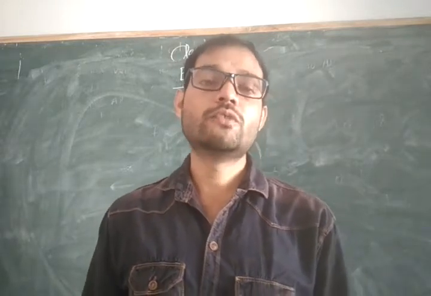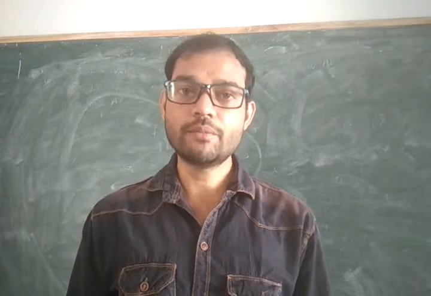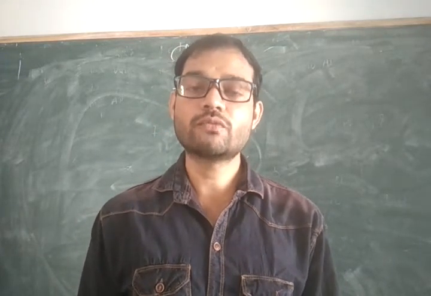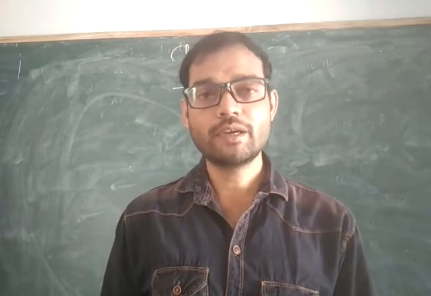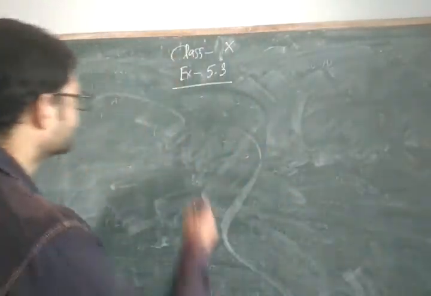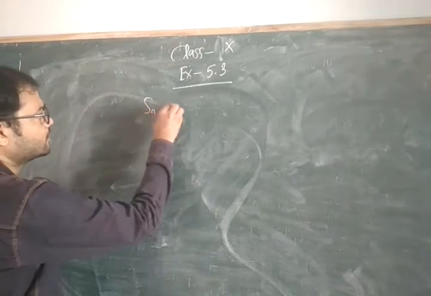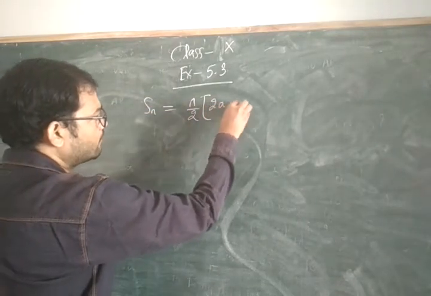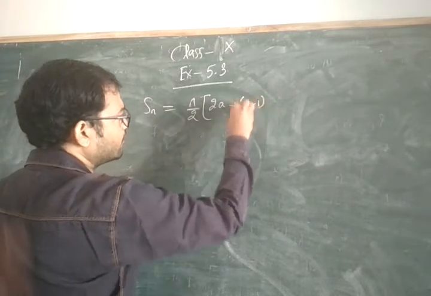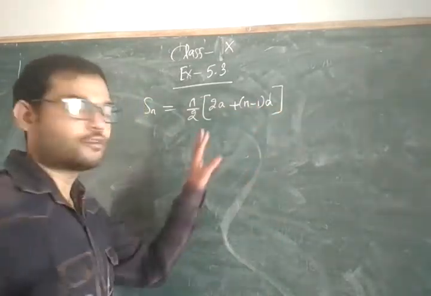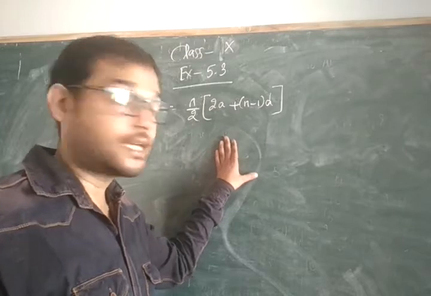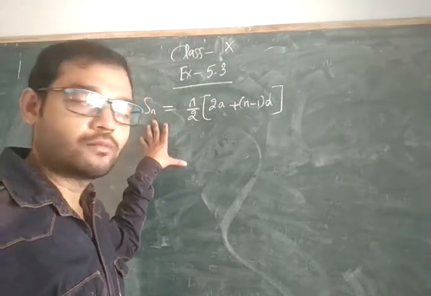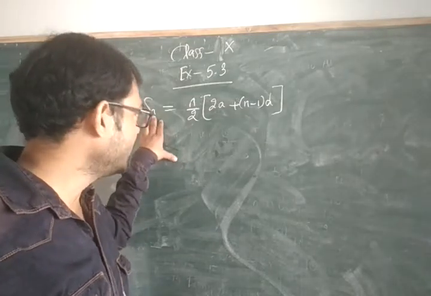Before starting, we have to remember the formula which we use to find the sum of an AP, and the formula is right here. So the formula is Sn is equal to n upon 2 bracket 2a plus (n minus 1)d. This is the formula to find the sum of an AP of n terms.